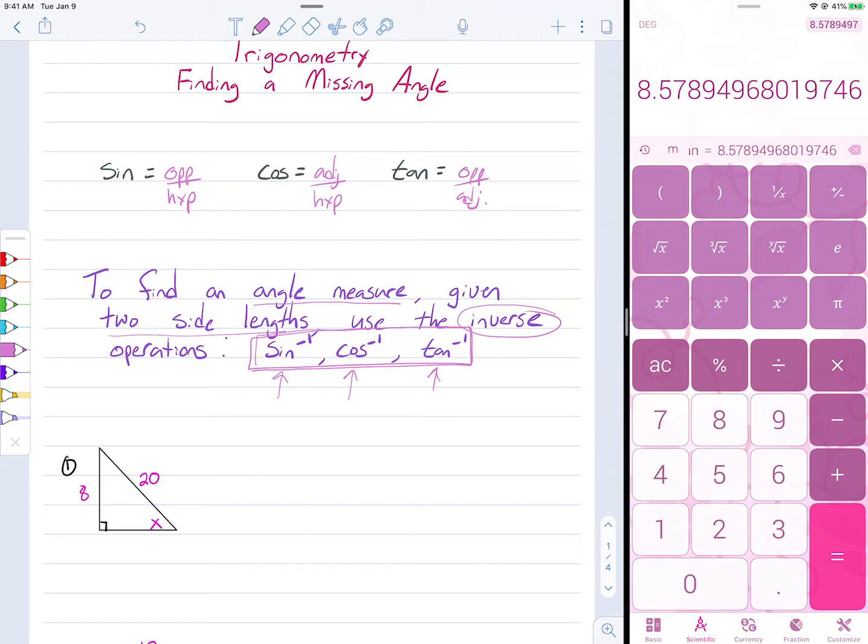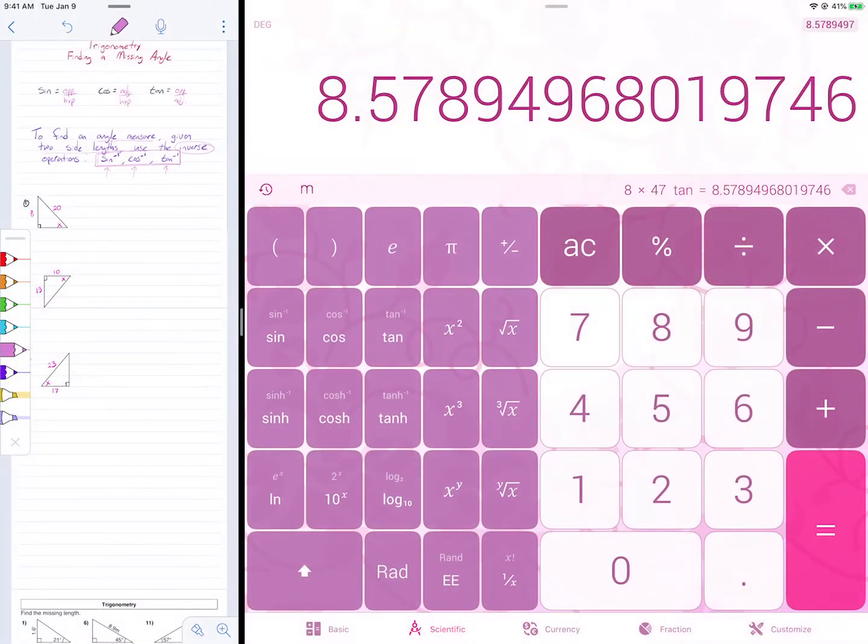So what I want you to do right now is see if you can find those buttons on your calculator. If you're using an Apple device, you can find your sine, cosine, and tangent, and if you hit the arrow button or possibly a shift button, it'll make the little -1 exponents the main ones. If you look on the second row on the left-hand side of my calculator, you can see the sine to -1, cosine -1, tangent -1.